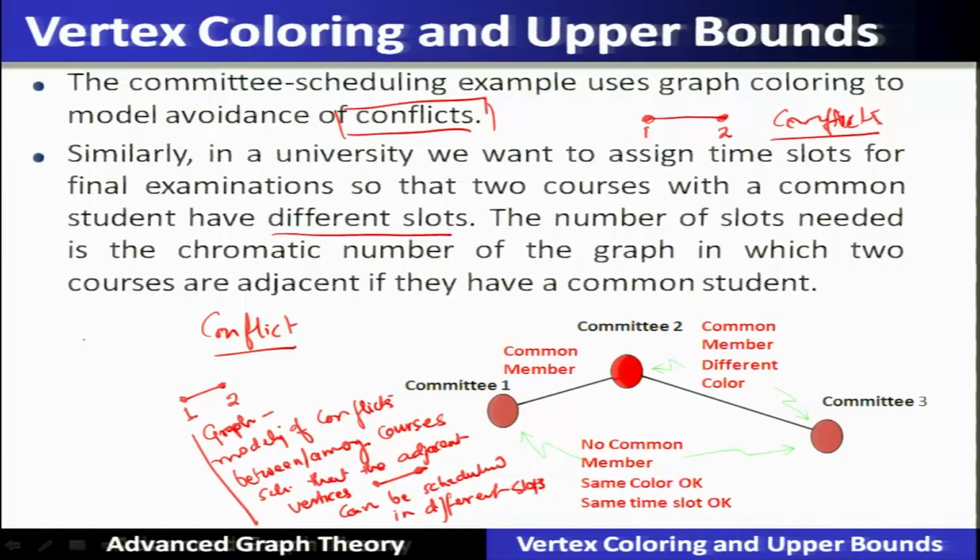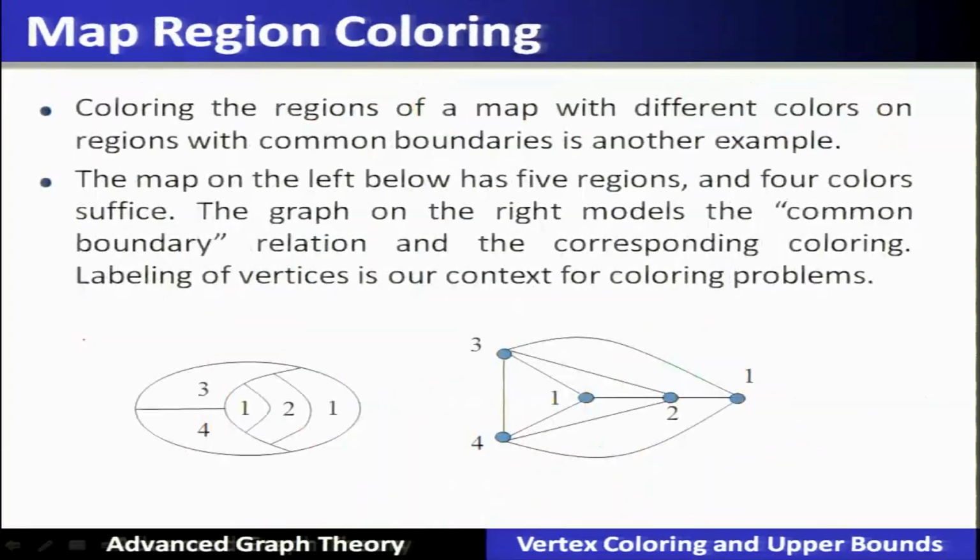That kind of problem can easily be modeled in the form of a graph, which captures the conflict relation. The minimum number of colors required is called the chromatic number of a graph, and it will tell what is the best possible way that problem can be solved.